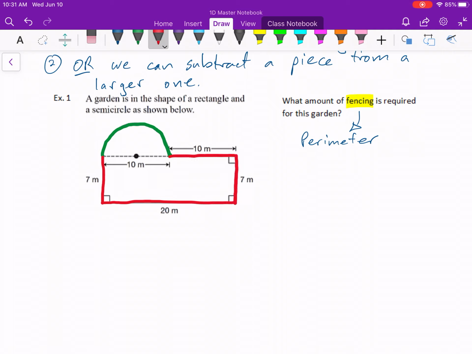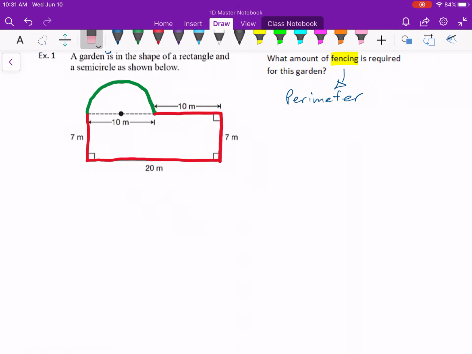What we don't want is this dotted line, unless there's some reason that you want to have a fence go down the middle of your garden, which I guess is possible, but there's nothing in the question suggesting that. So we don't want that perimeter there.